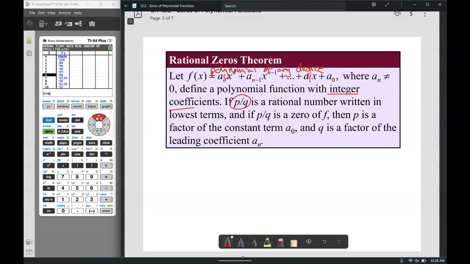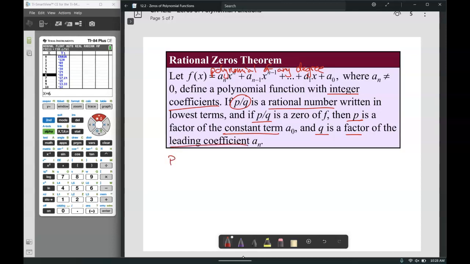Again, where we have integer coefficients, then p over q is going to be a rational number written in lowest terms. And if p over q is the 0 of f, then p, the numerator, has to be a factor of the constant term, and q has to be a factor of our leading coefficient.